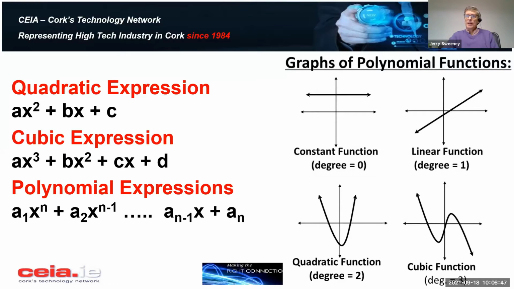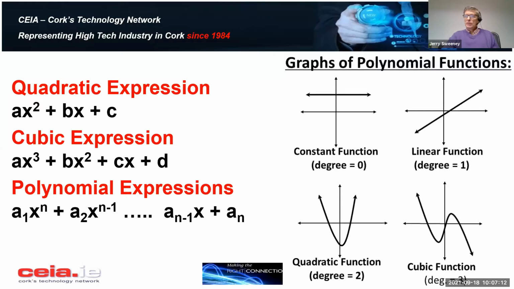And if we plot f of x as y, then we get a graph. If you have degree 0, you get a constant function. You get a horizontal line.